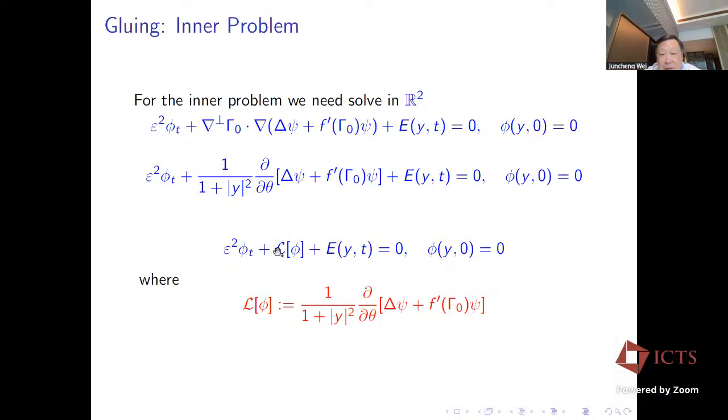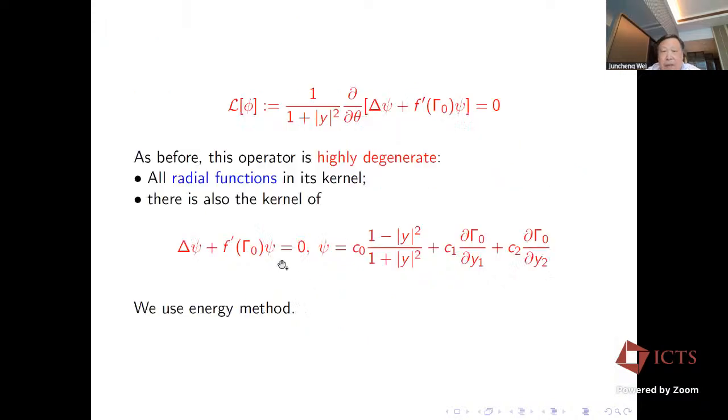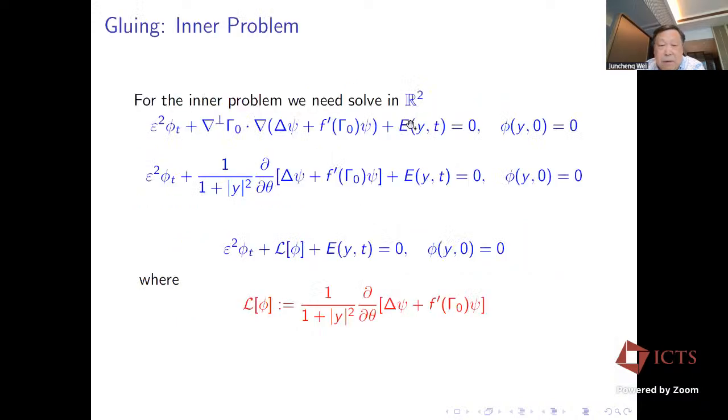Let's look at the linear part. This linear part is d over d theta Laplace psi plus f prime of gamma 0 and psi. As I said, this operator is highly degenerate because all radial functions are in the kernel, and you also have 3 additional kernels. How to solve this transport equation? We are going to solve this problem using the energy method.